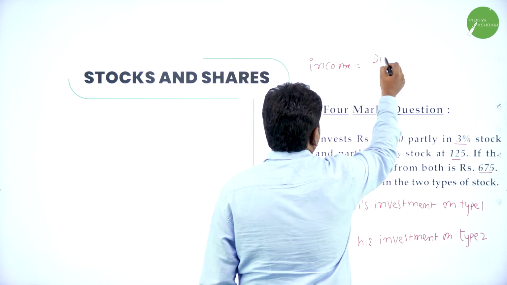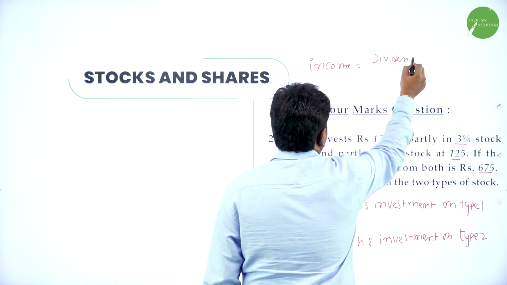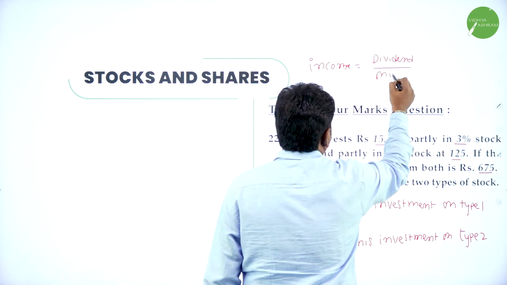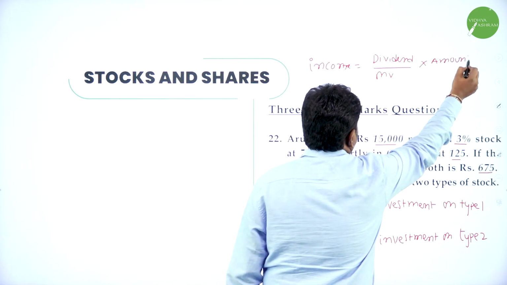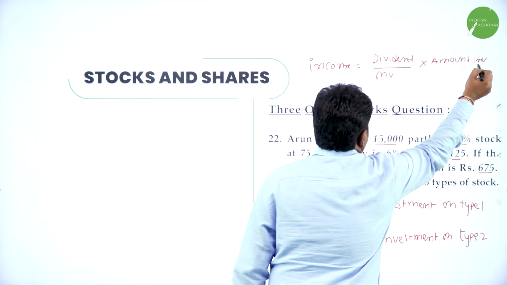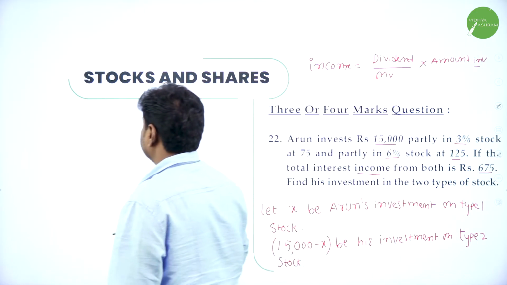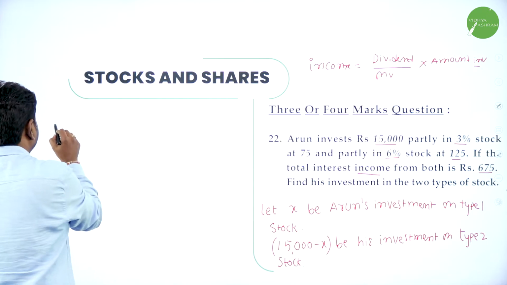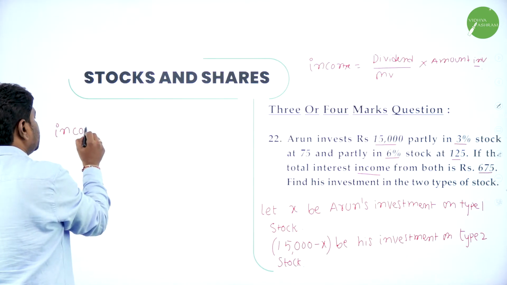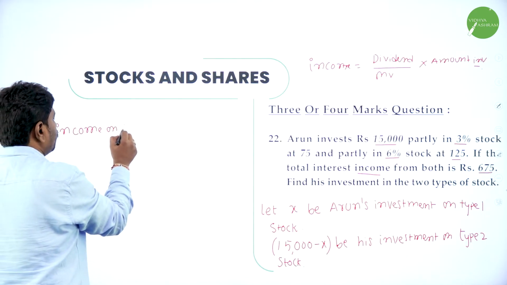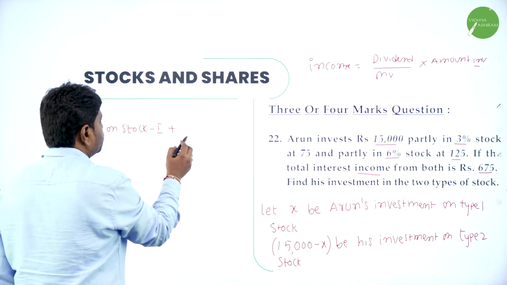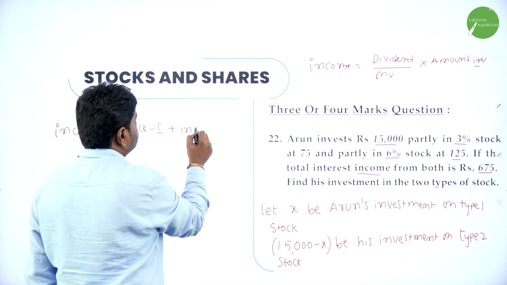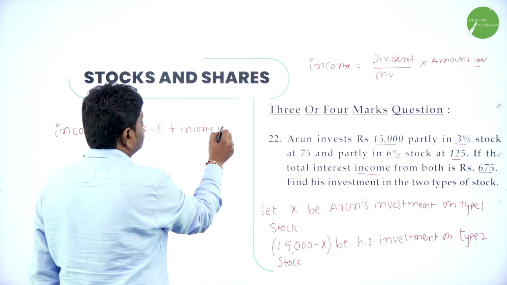We say dividend divided by market value into amount invested. This is the income. Now coming to this, they told total income means, can I say income on first stock plus income on second stock, income on stock 2.